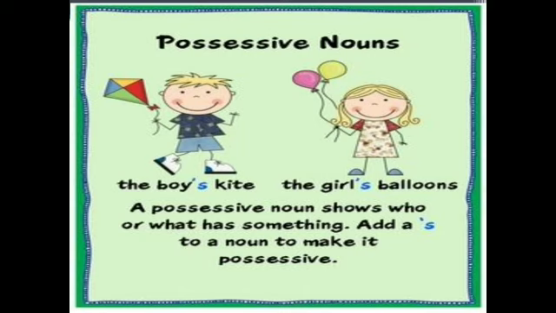Okay, so we want to show the possession of that girl on those balloons, so the girl's balloons. Apostrophe s is again used here. So with the help of this apostrophe or apostrophe s, we show the possession. So possessive nouns are used to show ownership. Which thing belongs to whom, that we show with the help of a possessive noun.